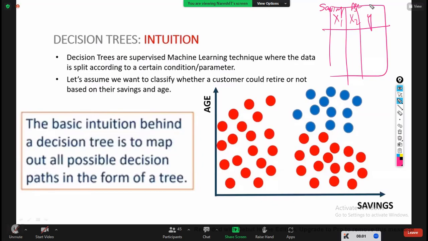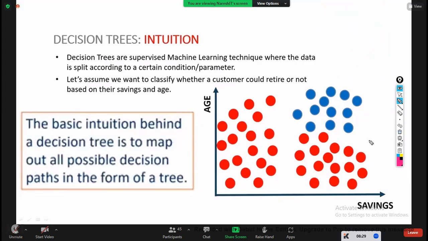The third one, the output variable, is whether the person has to retire or not, yes or no. In the output variable, I have either yes or no. The input variable consists of certain savings values, and the age column consists of certain age values, right? Both of these are continuous variables, and the output is a discrete variable. I have a data set in this way. Now here, the red color data points indicate not to retire.